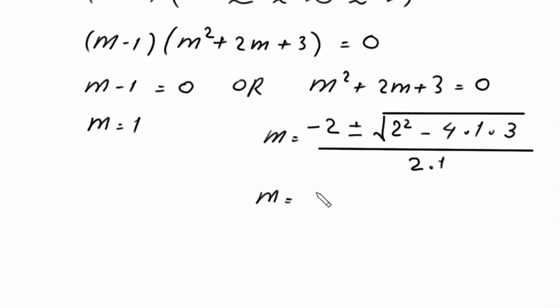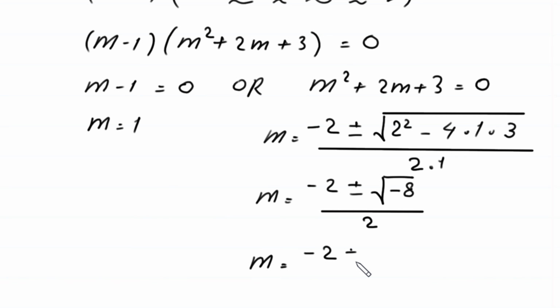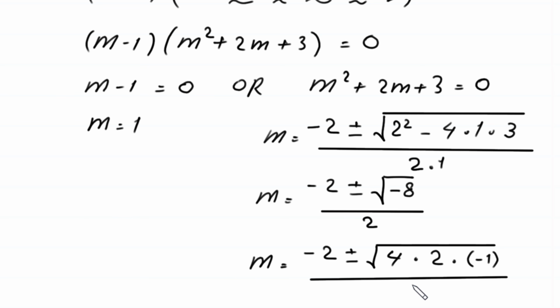So m is equal to negative 2 plus minus square root of, this 2 squared is 4, and 4 minus 12 will become negative 8, divided by 2 times 1, 2. And m is equal to negative 2 plus minus, this square root of negative 8 can be written as square root of 4 times 2 times negative 1, divided by 2.